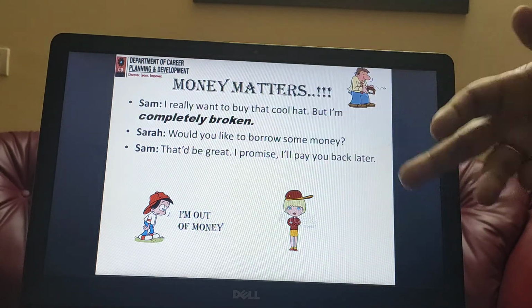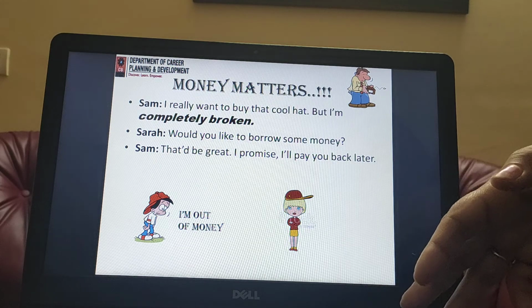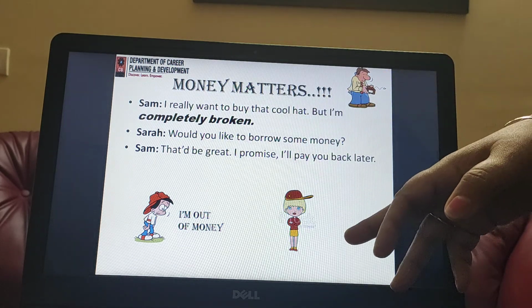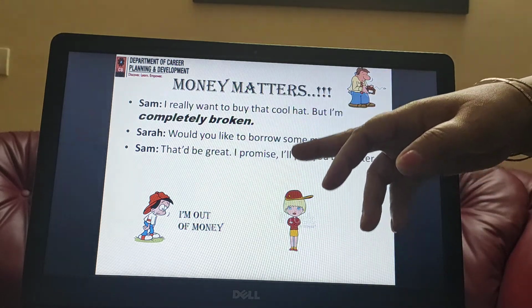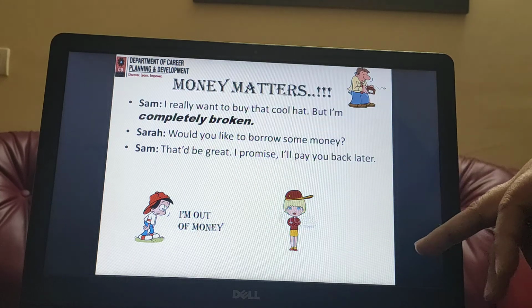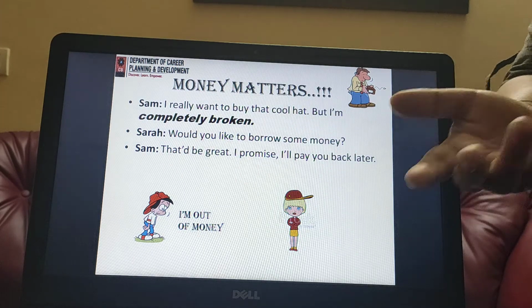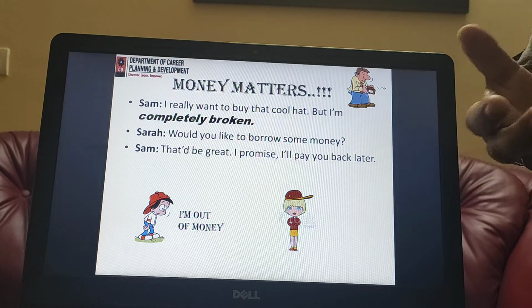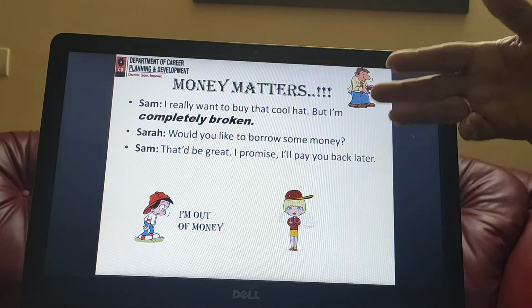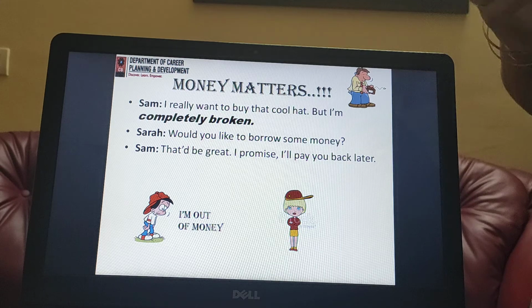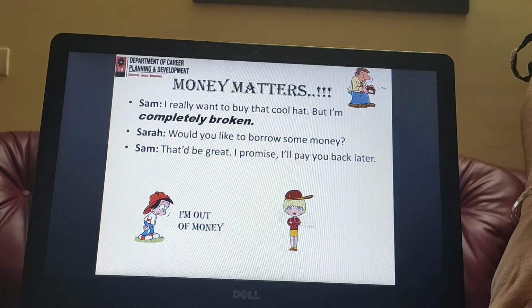Sam is saying that I can't buy it because I'm completely broken. Would you like to borrow some money? says Sarah. That would be great. I promise I will pay you back later. In this way, when you are friends talking to each other, going out, you can use this idiom very frequently.